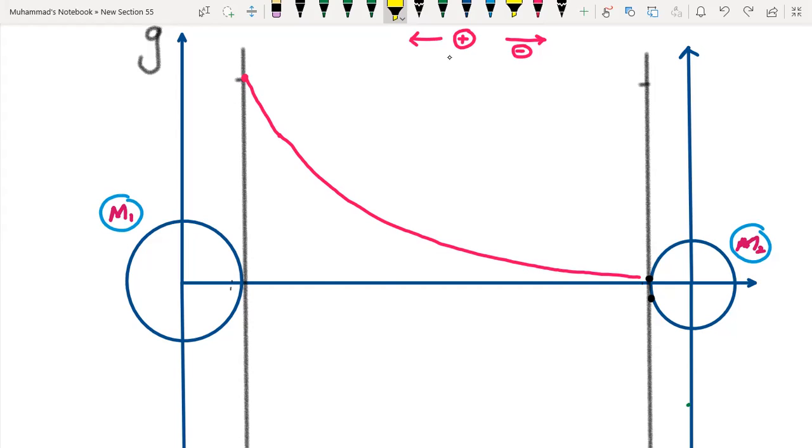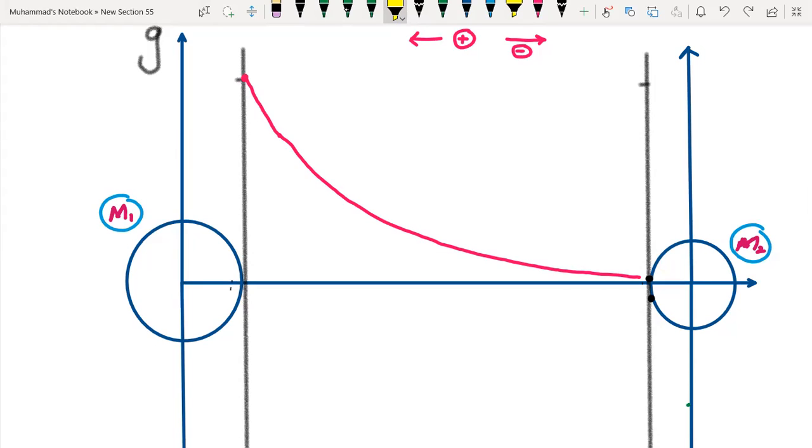We are considering these masses as point masses. So that's why we will not plot gravitational field strength over here in this region. But you can think about that. So that is the gravitational field strength due to this mass m1.